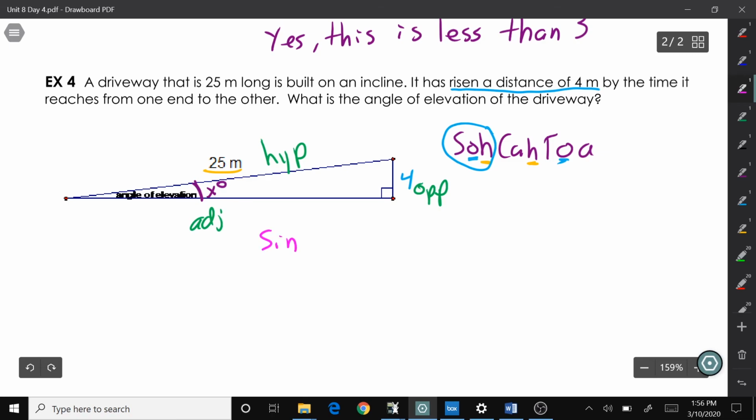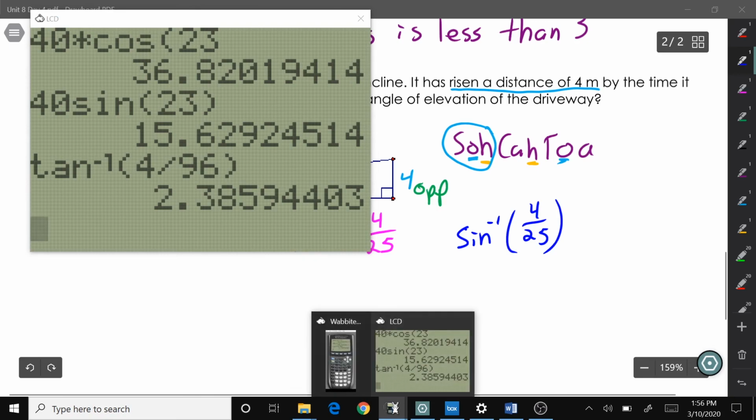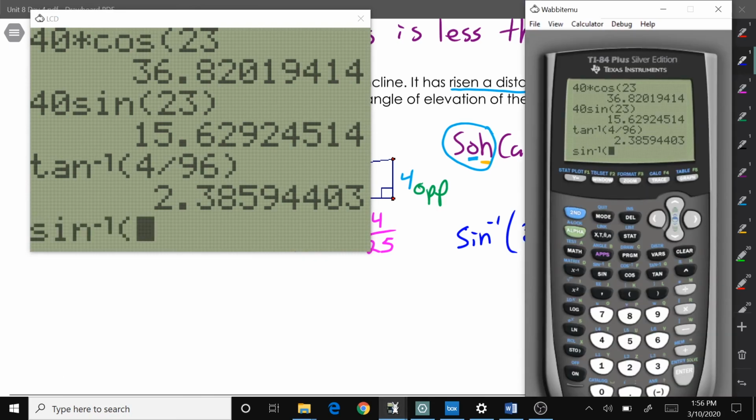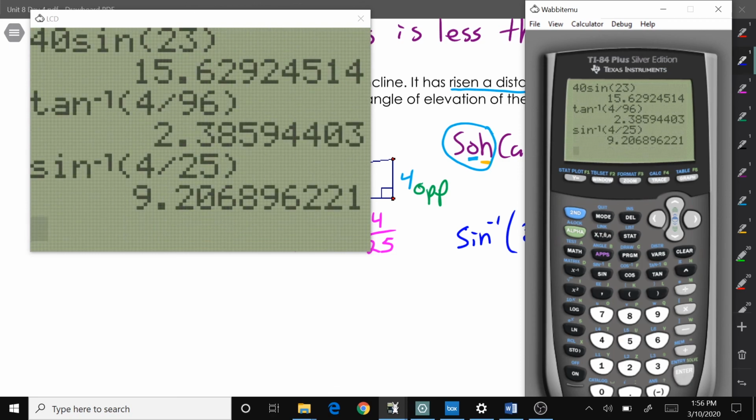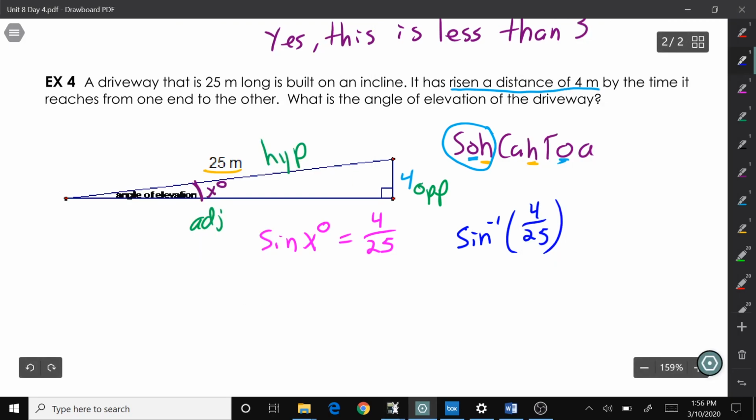So the sine of x degrees equals the opposite, 4, over the hypotenuse, 25. Then that leaves us with finding the inverse sine of 4 over 25. That gives 9.21 degrees. X equals 9.21 degrees.